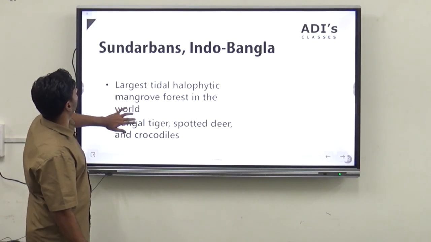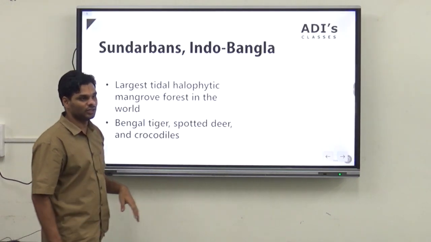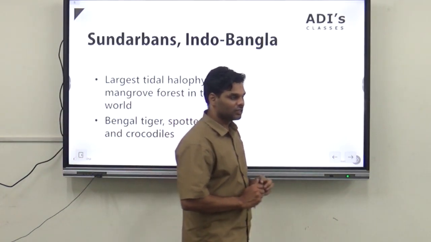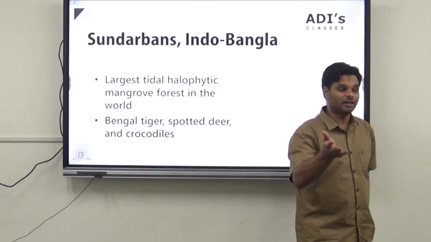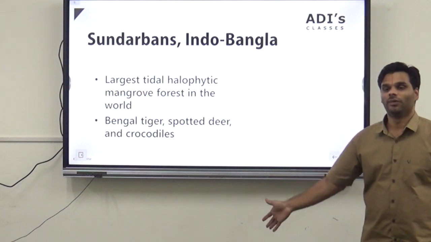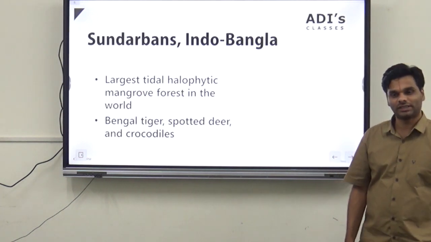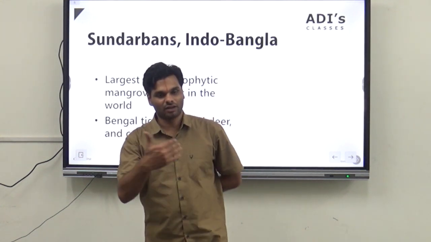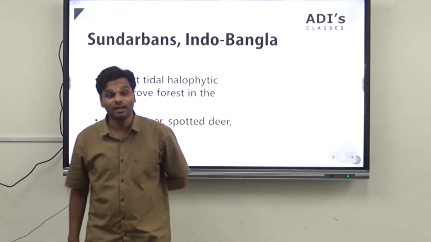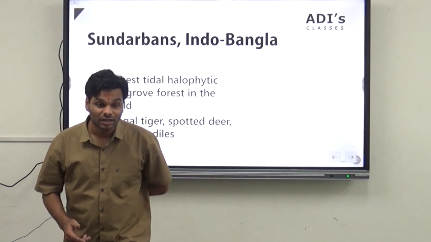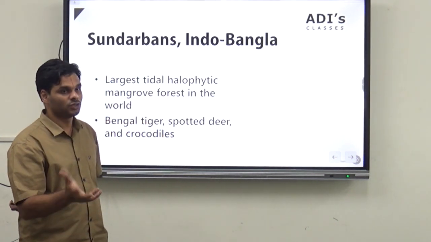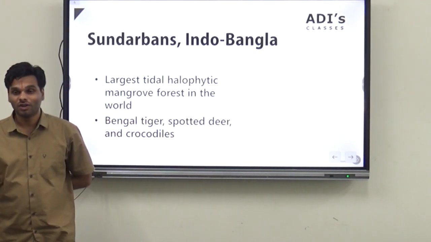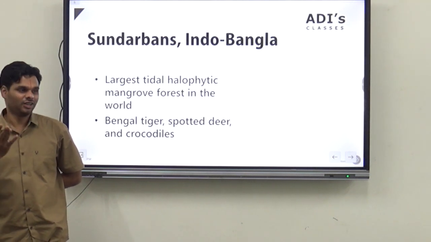Next, we'll also look at another one. So Sundarbans, right? So now, using our existing knowledge, what we have gained now, can you tell me whether Sundarbans is a freshwater wetland or a brine or halophytic wetland? Brackish water. Okay. So Sundarbans is brackish water. How do you know? Near to sea.